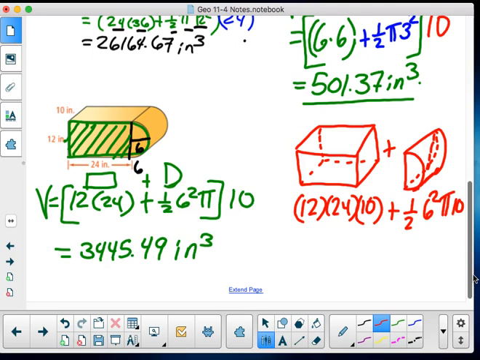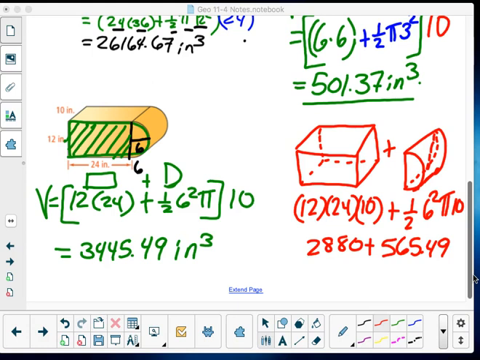So I'm looking at 12 times 24 times 10. That's going to be giving me 2880 plus 0.5 times 36 times pi times 10. And that's going to give me 565.49. And I add those together.